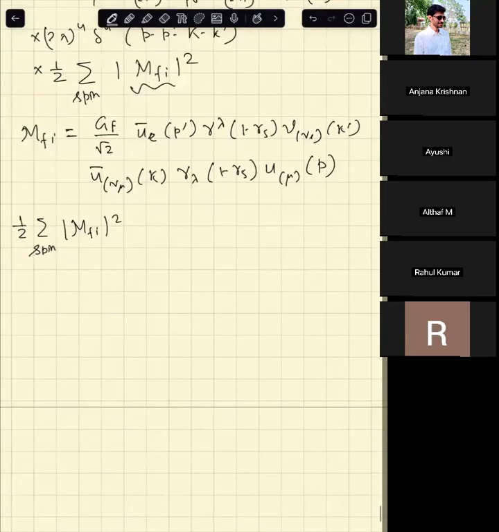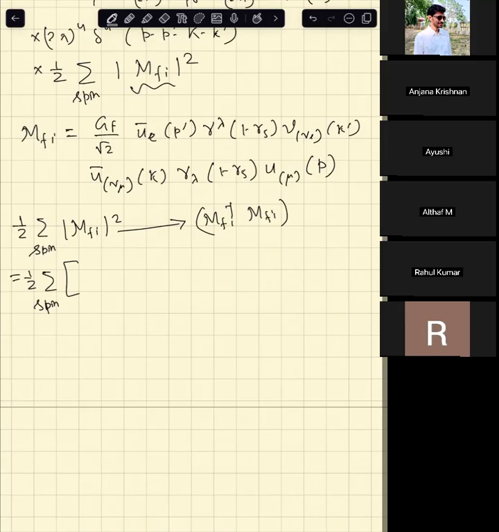So that's what we'll see. Now this quantity is basically half sum over spin, and then you write down the M_fi square. This quantity you can think of as M dagger times M_fi, so you take the conjugate, the dagger transpose conjugate of M_fi, and you calculate that thing.